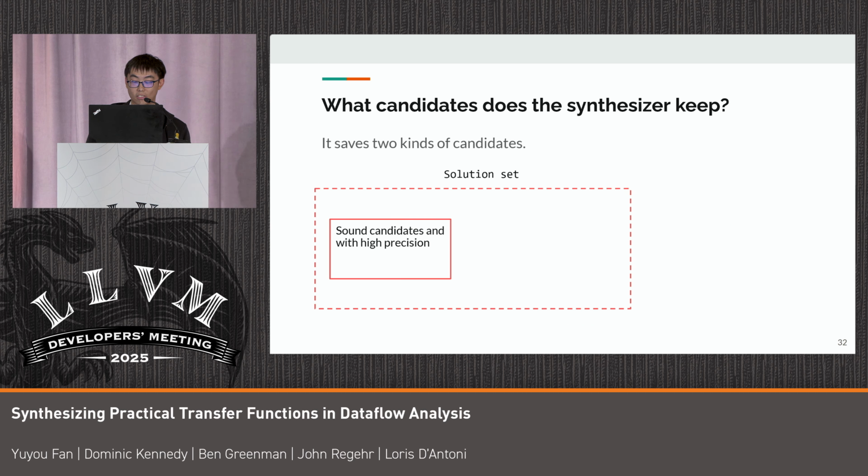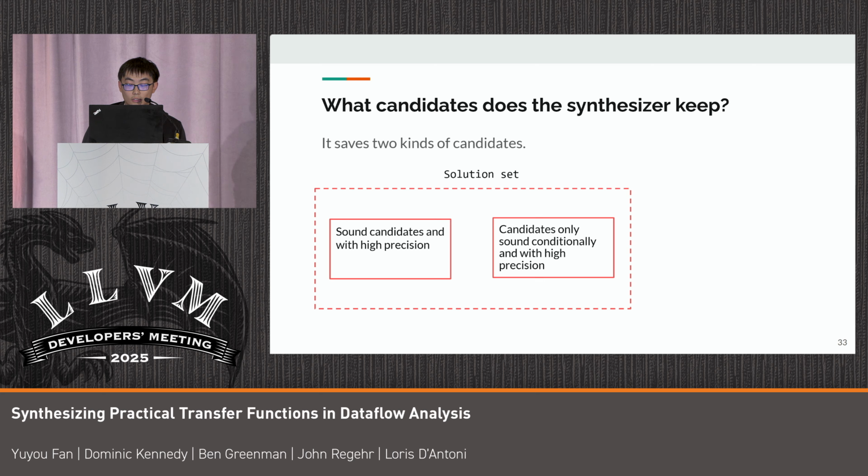So what candidates does the synthesizer keep? We save two kinds of candidates. Of course, the first one is sound and also has high precision. We want it, so we keep it. The other is those candidates that are only conditionally sound, but still with high precision. This means they are only sound in a small area and must be guarded with preconditions.